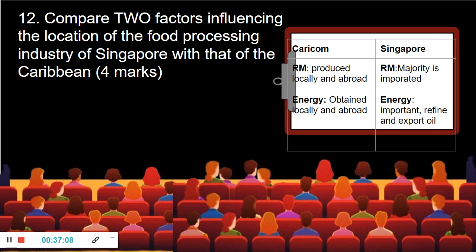In terms of raw material, both Caribbean countries as well as Singapore import raw material.